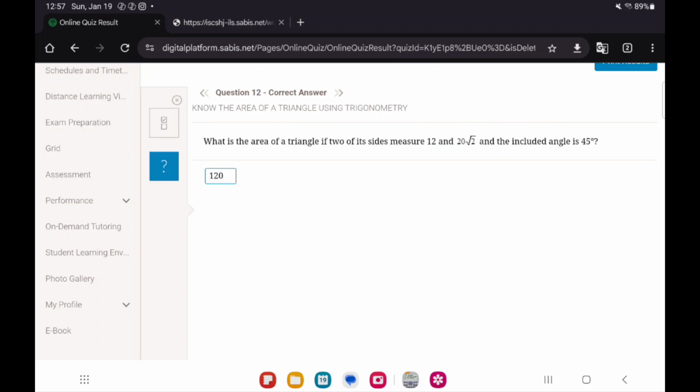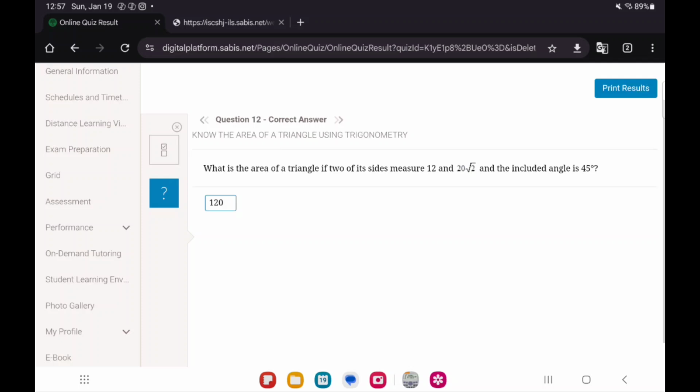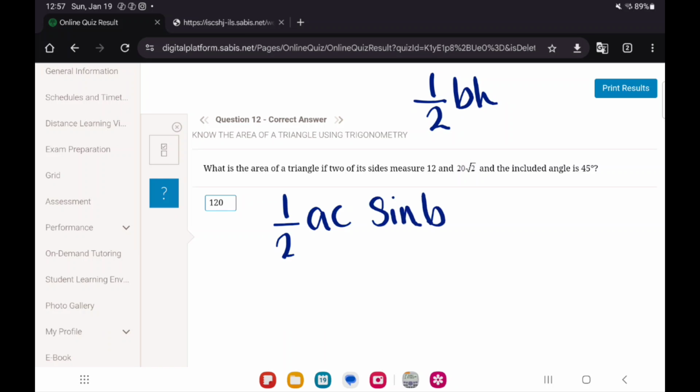Like we said, the area of a triangle is half of base times height, but when you're using trigonometry, it's half of AC sine B. So technically, it's the two sides and the included angle, which is the angle between them.